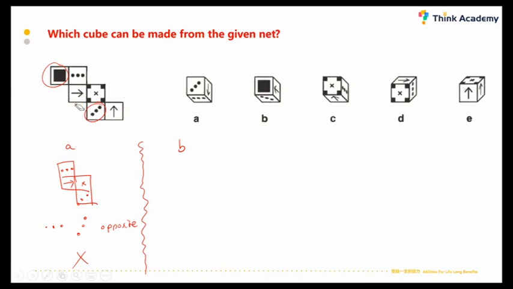Well, I can see that this black square is super far away from these 3 dots. So what I'm going to do is I'm going to do this trick. I'm going to rotate multiple faces at one time. And how am I going to rotate them? I'm going to rotate them along this corner, and I'm going to rotate these 2 squares. Okay, and hopefully it'll be clear to you guys why I'm going to rotate those 2 squares first.